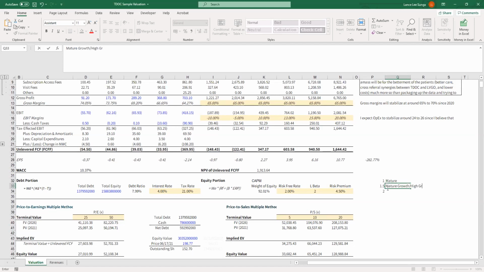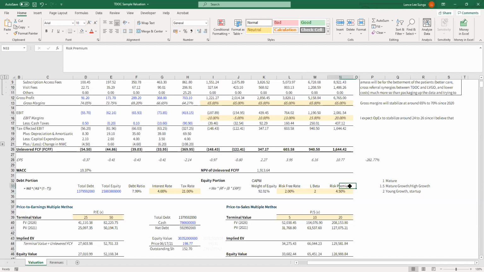Give it a 1.5 and then young growth, startup, we give it a 2. But if it's really early in its business life cycle, we give it a 2.5 or 3. Right? So that's if you're not able to find data for this.